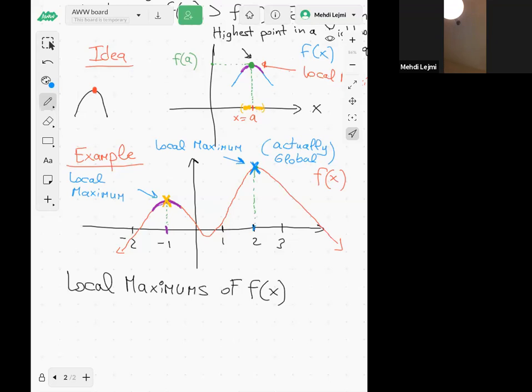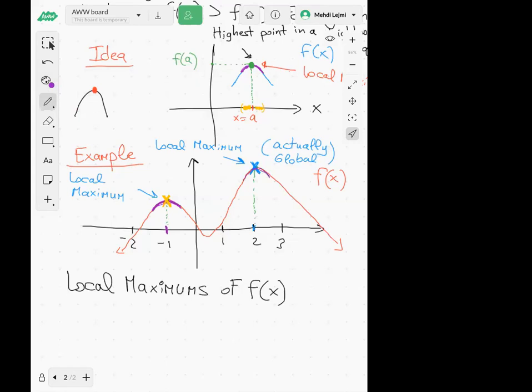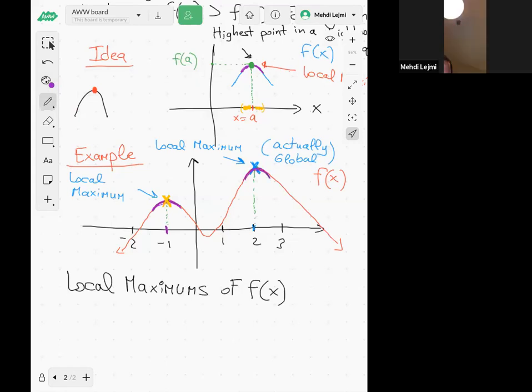In both cases, as you can see, guys, if you have a parabola which opens down, then the vertex of the parabola would be your local maximum.